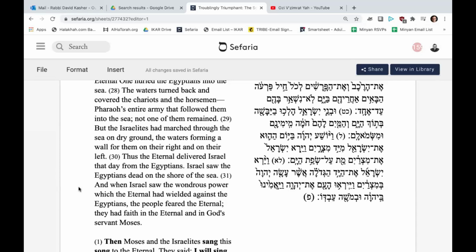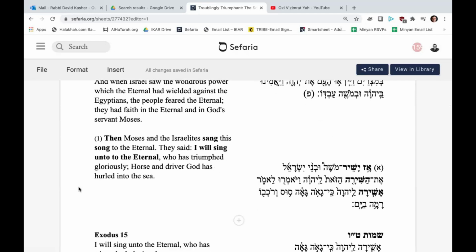That's the story. That's the end of chapter 14. And then, the next word is "then." So it's really like this happened, and then, and this is a famous moment, Az Yashir Moshe Uvanei Yisrael. And then Moses and the Israelites sang this song to the Eternal. And they said, and here's the beginning of it, but you can just see the language here.